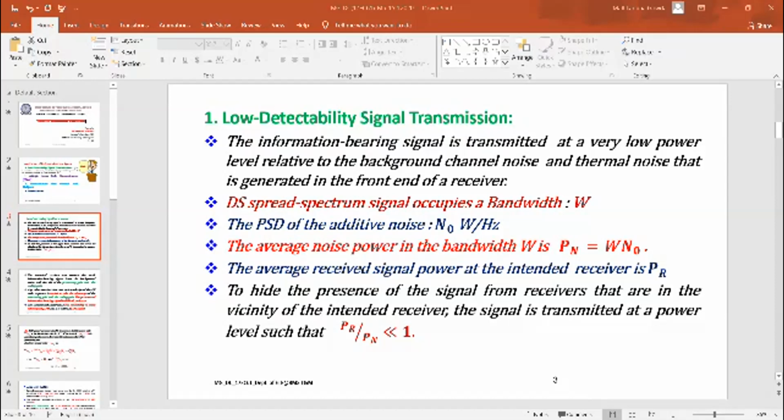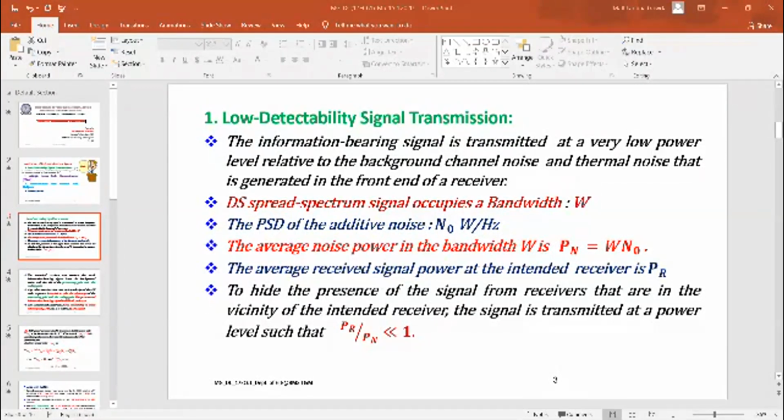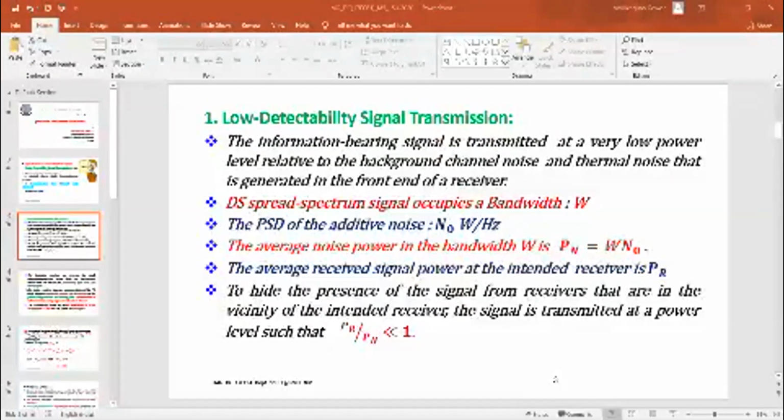Then the average noise power in the bandwidth W hertz, denoted as P suffix N, is equal to the signal bandwidth times the power spectral density of the additive noise, that is Pn = W × N naught.